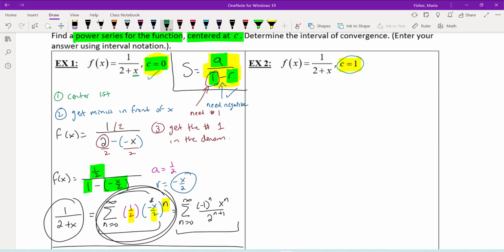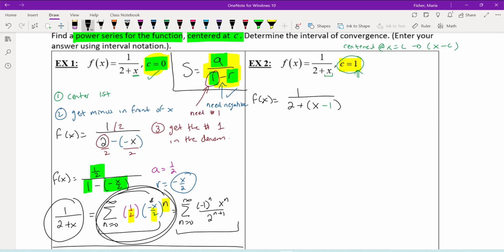Well, remember, when you're centered at x equals c, what that meant is that you were looking at an x minus c. So what I need to do is I need to make this x be an x minus 1. We write f of x is equal to 1 over 2 plus, and then instead of just x, I need it to be an x minus 1 because I need to center myself at 1.